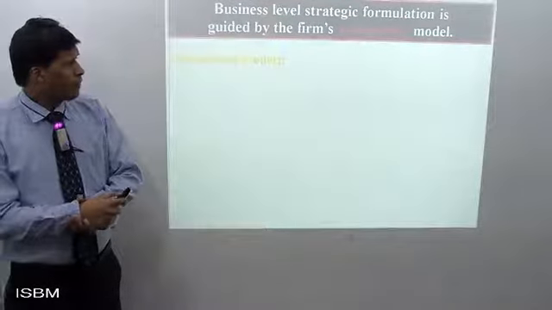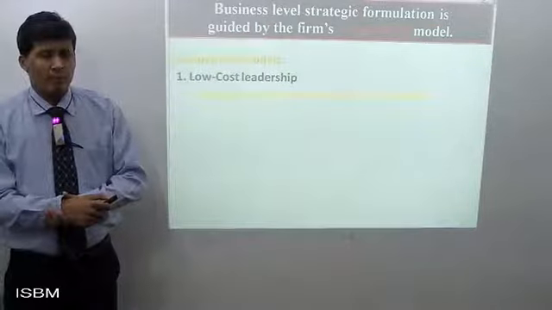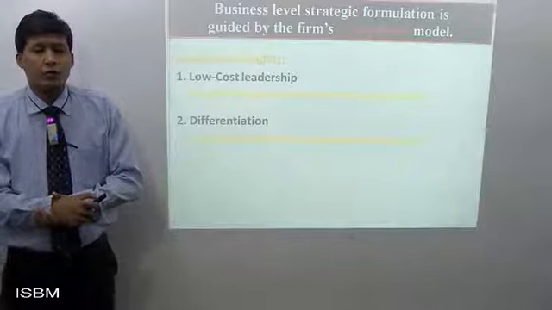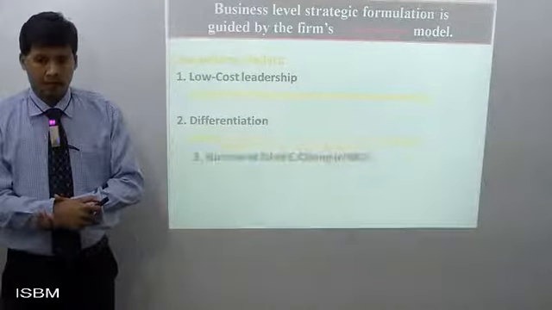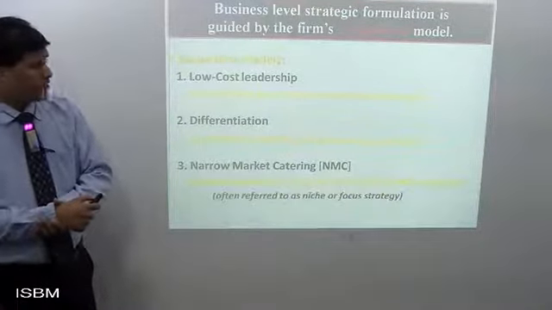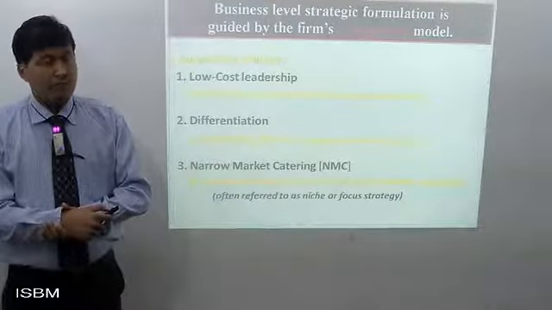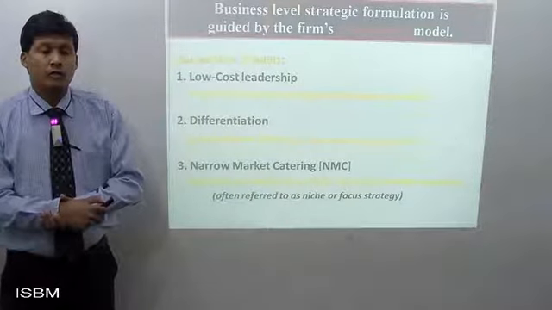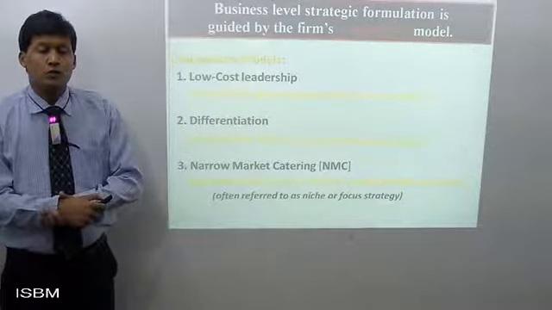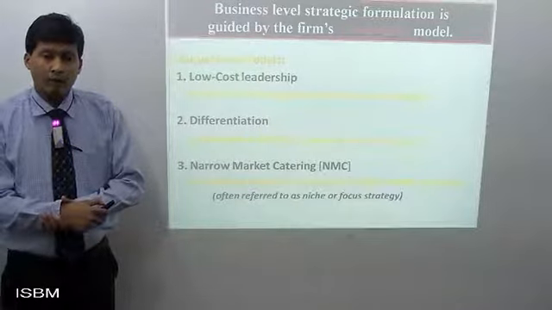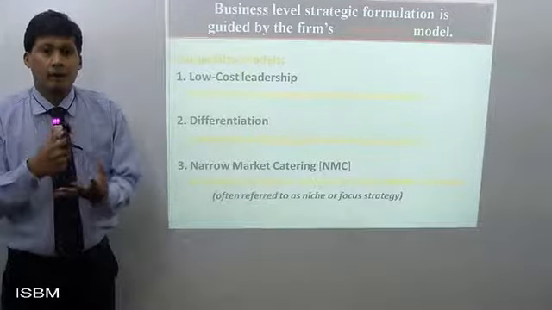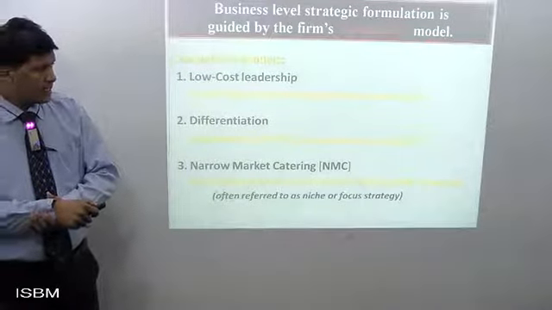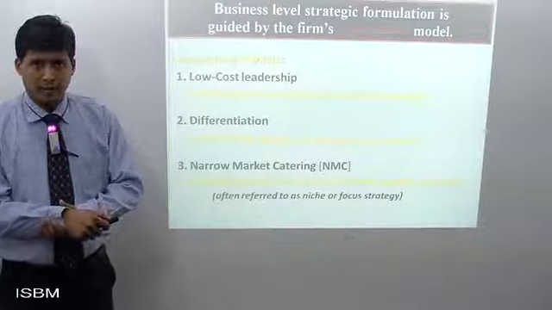So when we say business level strategy formulation, it is guided by the firm's competitiveness model as well. When we say competitive model, few things come in very fast. One, low cost leadership. That means, do we have products that are available at a low cost, considered least expensive or best value provider?